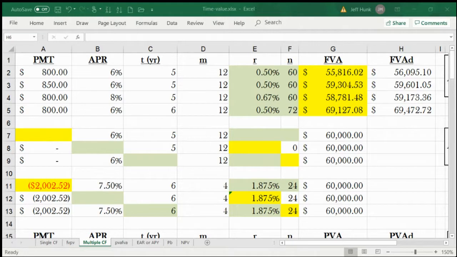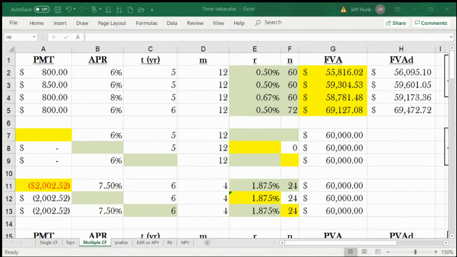Although we could easily tell that if you increase the monthly deposit by $50, you get a lot closer to your target, still about $700 short. And if you extend your timeline by 1 more year, then you more than achieve your goal.